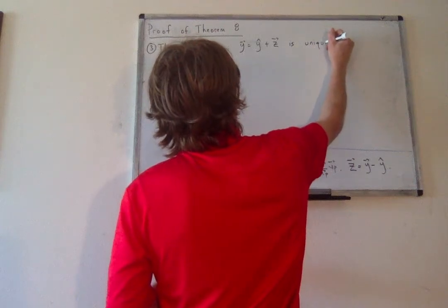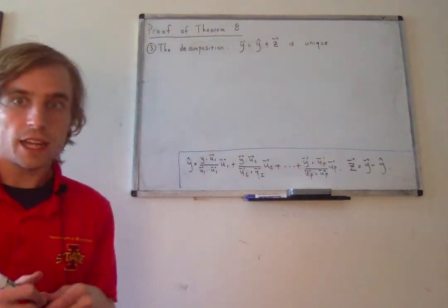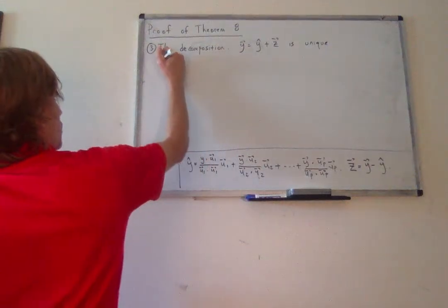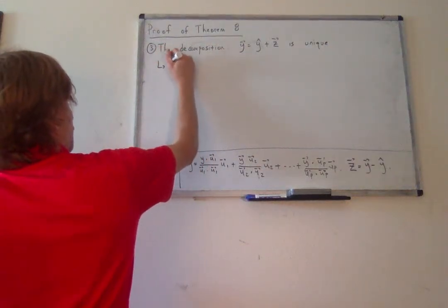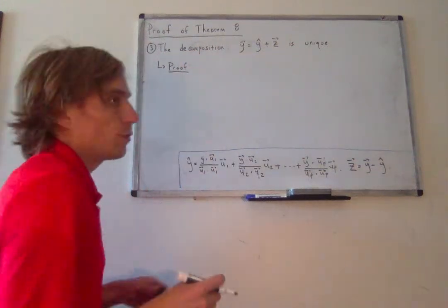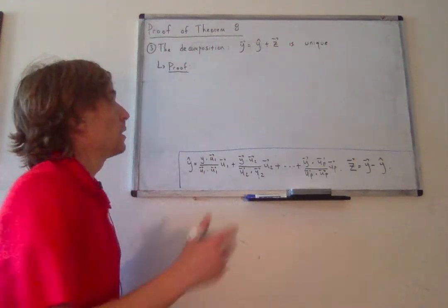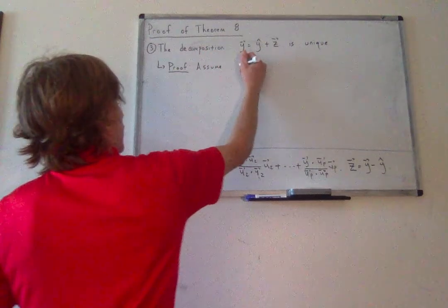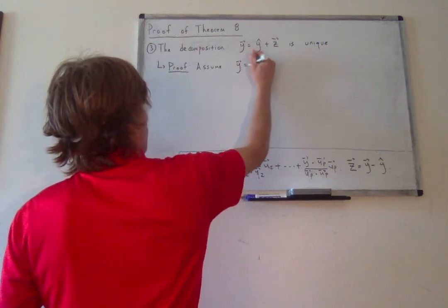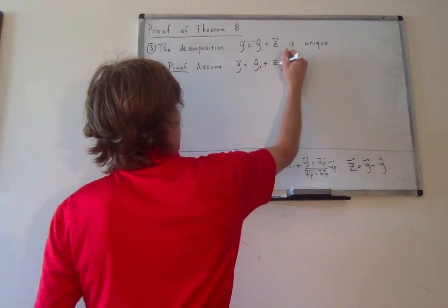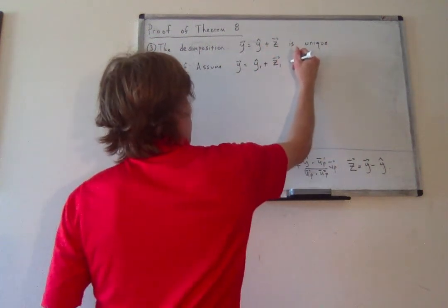What that means I'll explain as we do the proof. The way we prove that something like this is unique in math is we assume that there's actually another decomposition. And so I'll call this vector y sub 1 and this vector z sub 1.